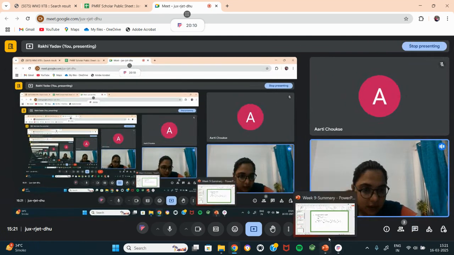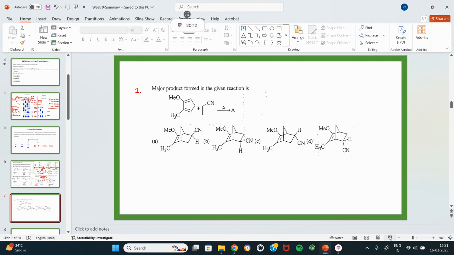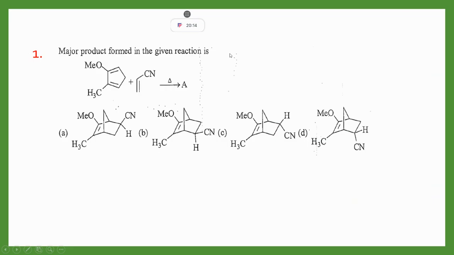So there, cycloaddition reaction is possible. Why? One thing is there are two components, so obviously a cycloaddition reaction will take place. Now Aarti, tell me if you are thinking that it will be Diels-Alder, which option will be most appropriate? Actually, Aarti, it will be difficult for me to go back to that screen. If possible, try to unmute yourself.